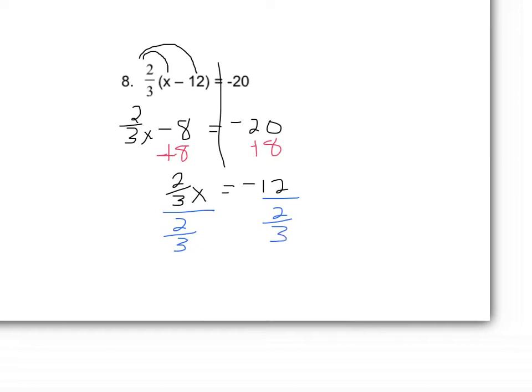Because anything divided by itself is going to give us the 1 that we're looking for. So I'm left with x equals, and then when I divide this by 2/3, I'm going to get, let's see, -36, yeah, -18.